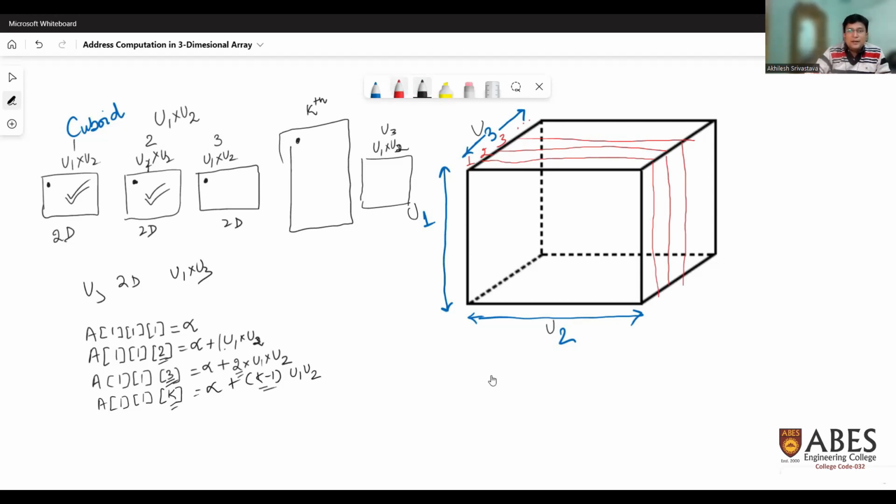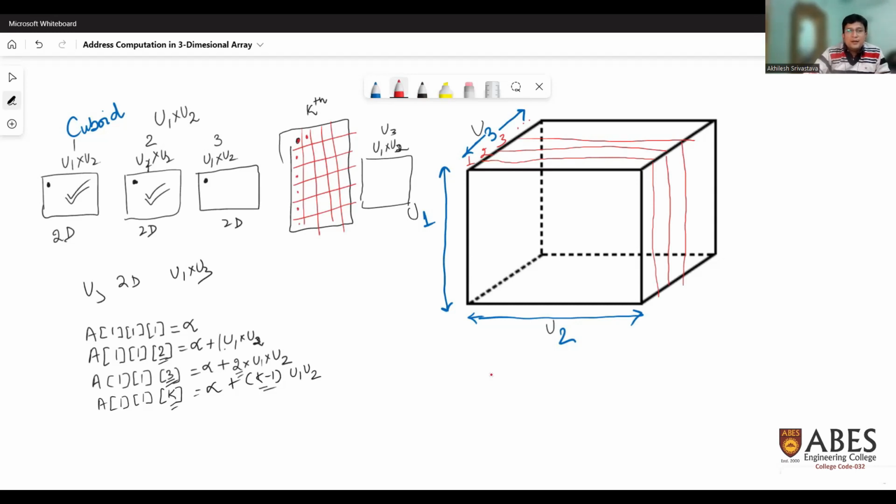So once we have entered the kth slice, this kth slice is a 2D array, and the elements stored in this slice are also column wise, or in the column major order fashion. So if I'm storing this element, then all the elements of this column will be stored, and then we will come to the next column.